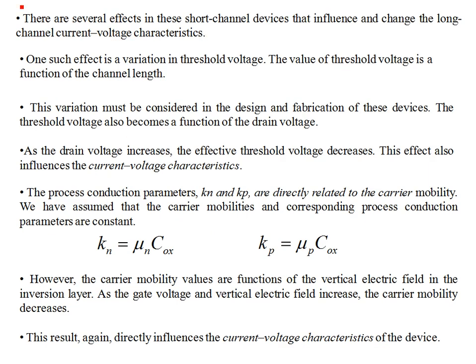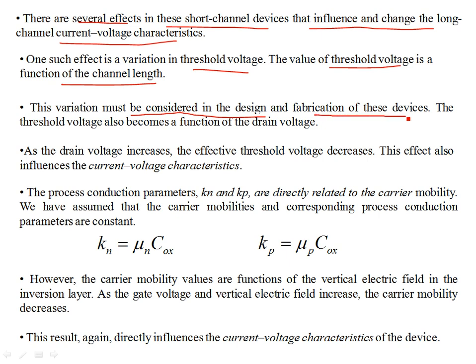So one of the several effects in short channel devices that influences and changes the long channel current voltage characteristics is the threshold voltage. Threshold voltage becomes a function of channel length. So this variation must be considered in the design and fabrication of these devices.